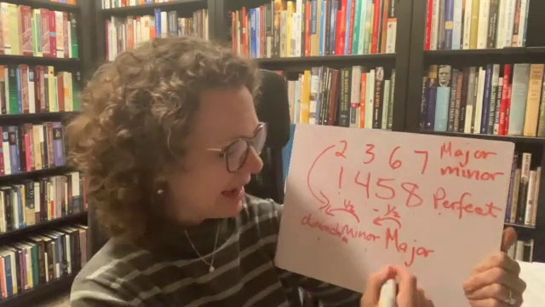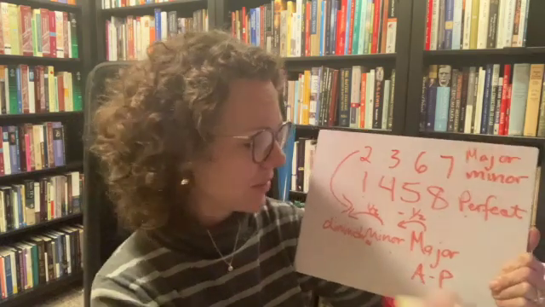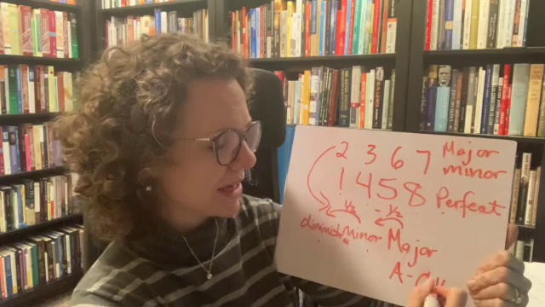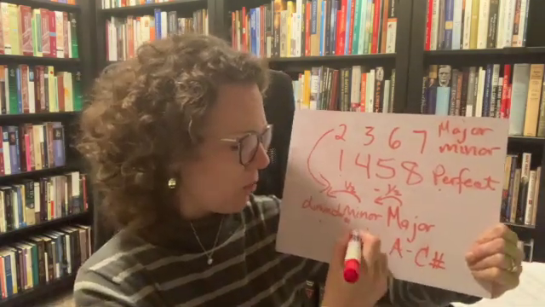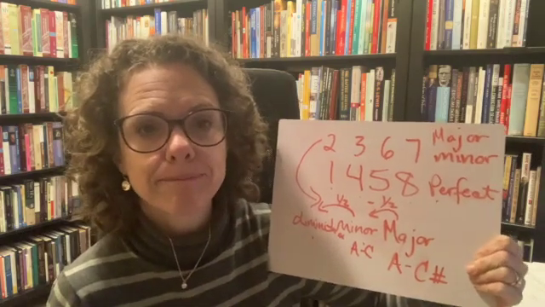Let's do a third. That'll be easier to understand. A to C sharp is a major third. To make it a minor third, I take away the sharp. A to C is a minor third.